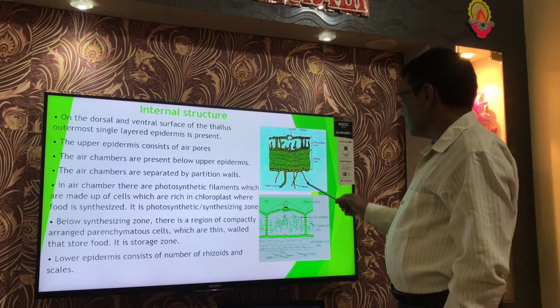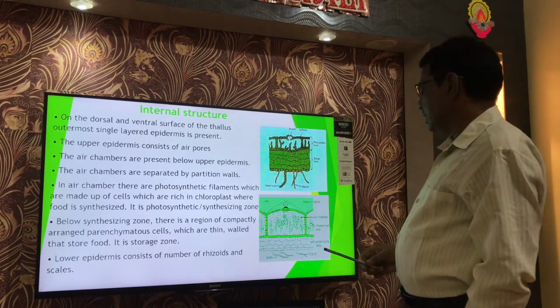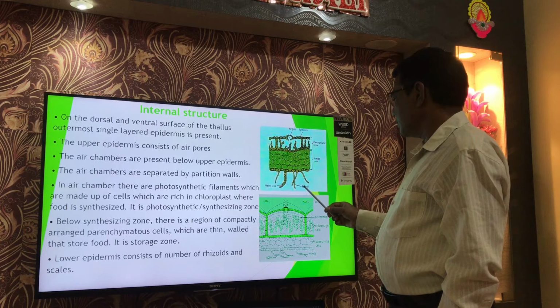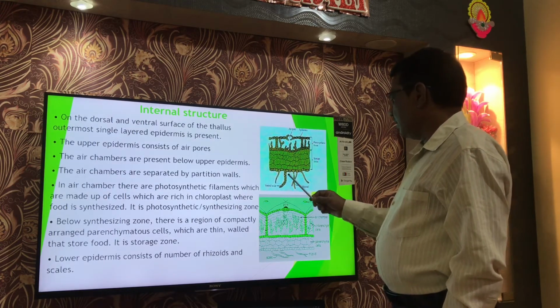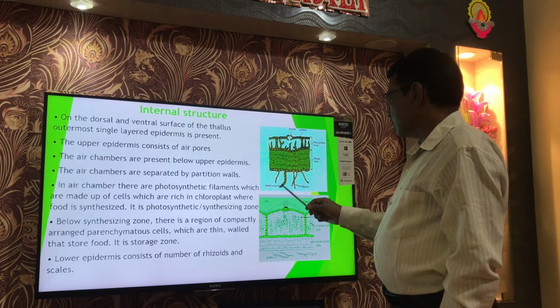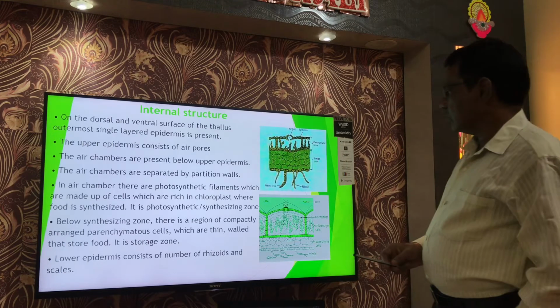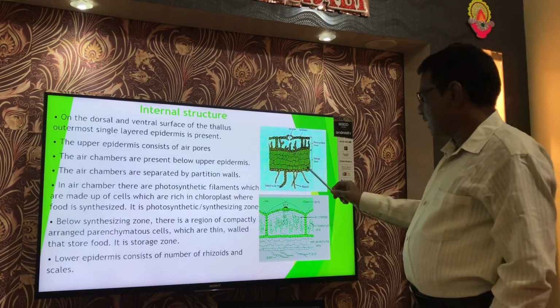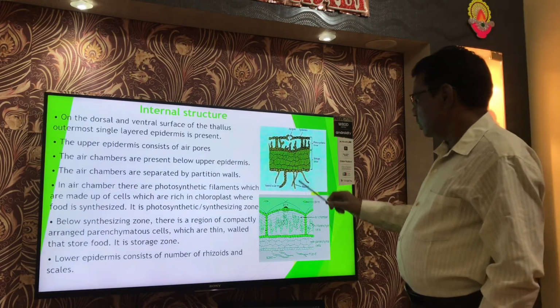Now, just below this storage zone is the lower epidermis, which is again single layered, and a large number of cells of the lower epidermis produce unicellular outgrowths like rhizoids, which are either smooth walled or tuberculated, or many celled or multicellular thin violet colored structures that are called scales. So rhizoids and scales are the outgrowths produced from the lower epidermis.